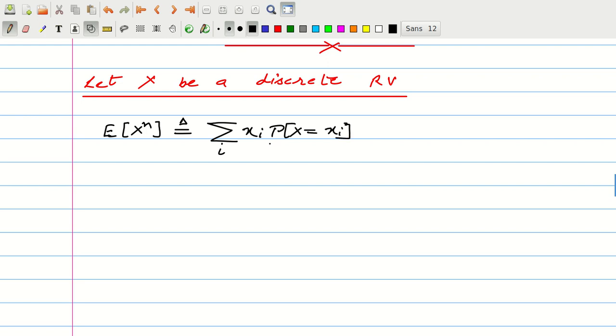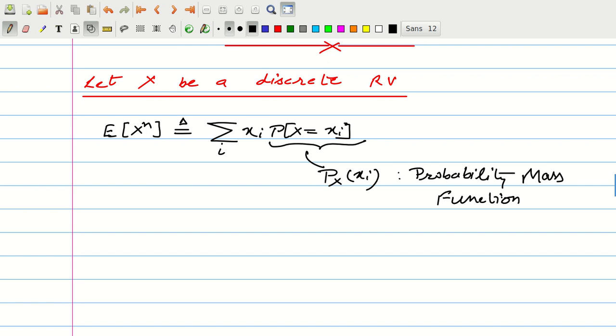This term, probability x equal to xi, is usually denoted by px of xi and is called the probability mass function, abbreviated as PMF. So just as for a continuous random variable we have a probability density function, for a discrete random variable we have a probability mass function.